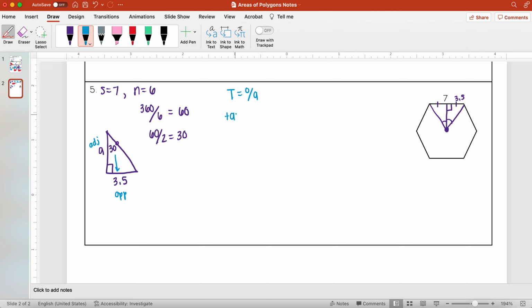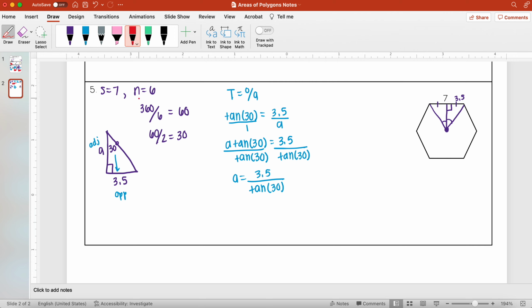And so I have tangent of 30 is equal to opposite 3.5 over adjacent A. And so solving this for A, you can do cross multiplication and you get A tangent of 30 is equal to 3.5, and then divide both sides by tangent of 30. And you get that A is equal to 3.5 divided by tangent of 30.